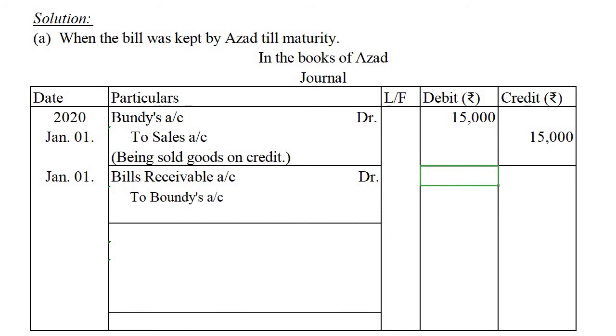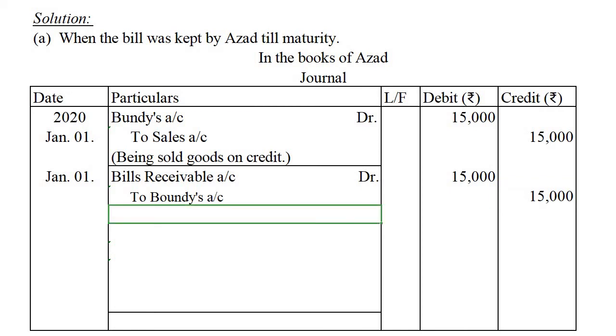So we can write here 15,000 and Bundy also 15,000. So the bill is accepted. We can write the narration being bill accepted by Bundy.